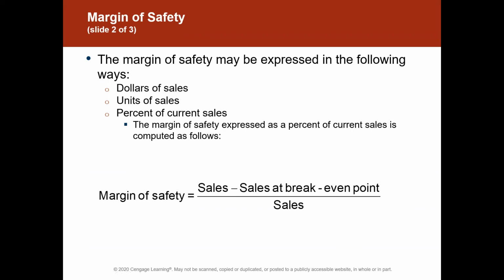Then if we divide that by sales and express it as a percent, that's the percent of current sales. Units of sales would be the difference between our break-even units and the units at that projected level of profit.